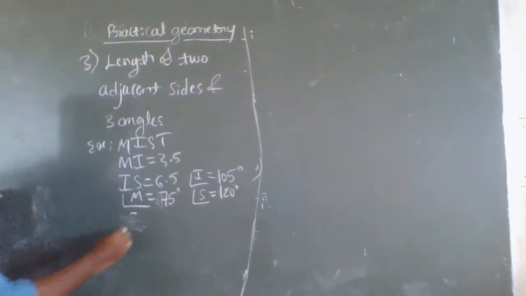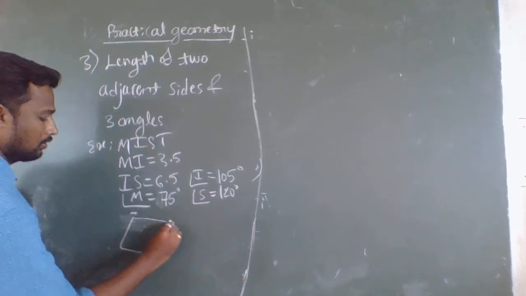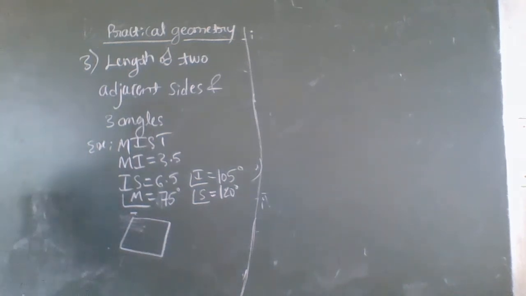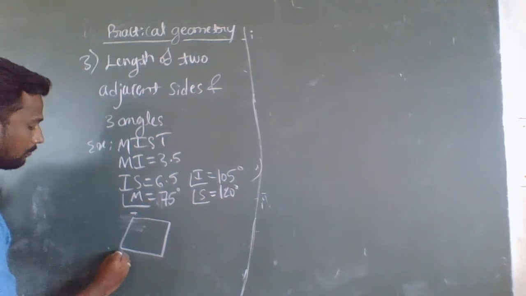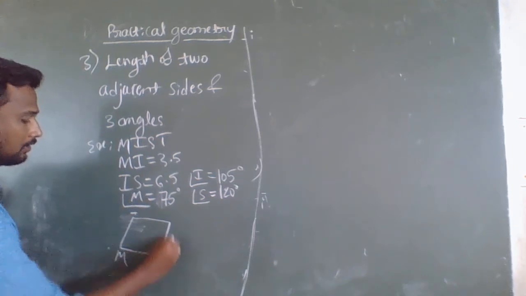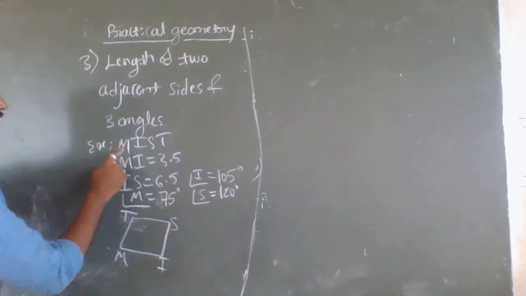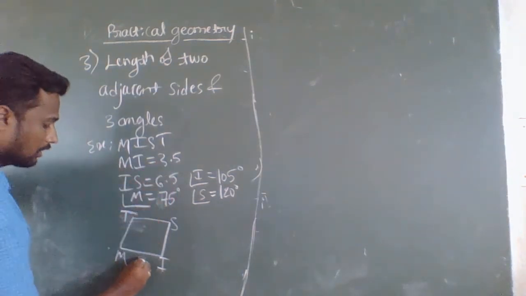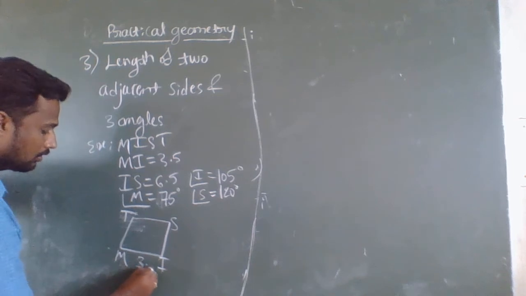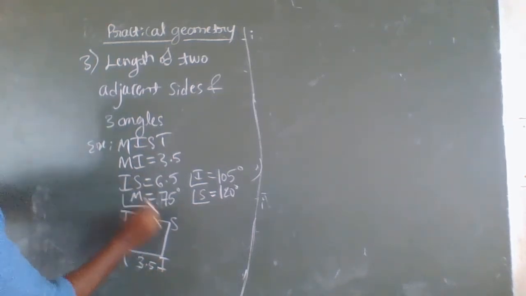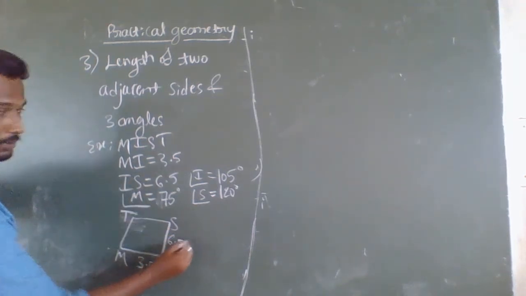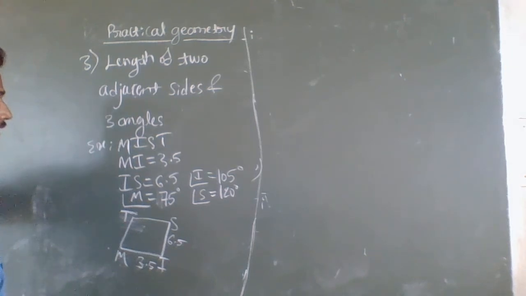So here this is the quadrilateral and I will name it M I S T. Here they have given MI is 3.5 centimeters and IS is 6.5 centimeters. So these two are adjacent sides, 3.5 and 6.5.